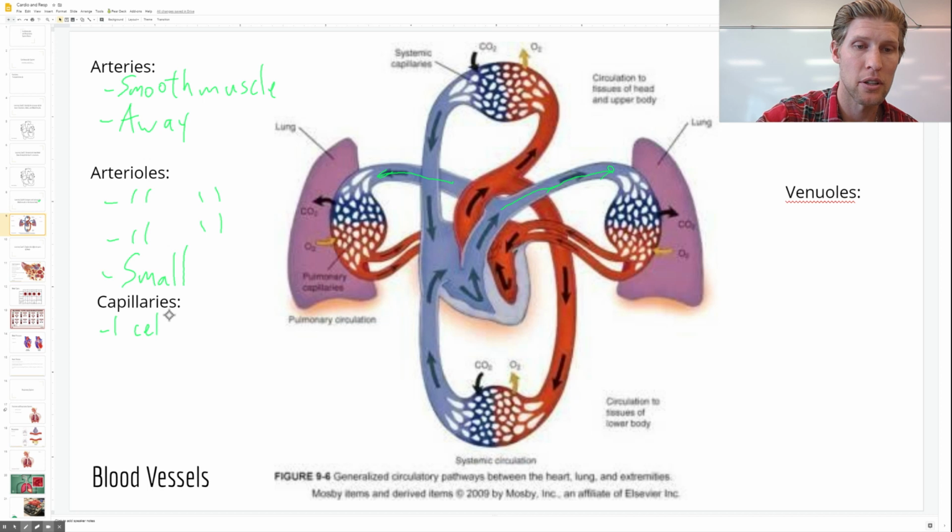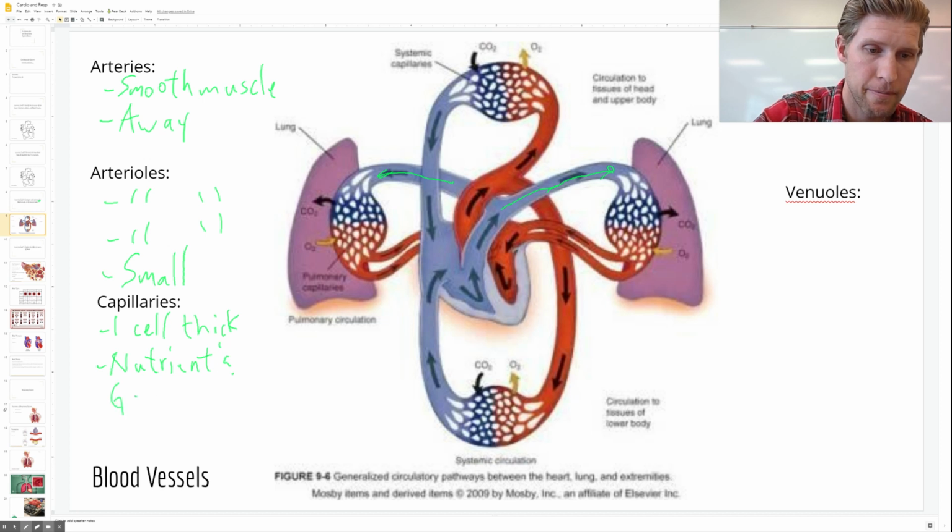One cell thick, so one cell can get through them at a time. They're everywhere, all over your whole body. So, they're right here on your finger. This is where nutrient and gas exchange happens. Nutrient and gas exchange.